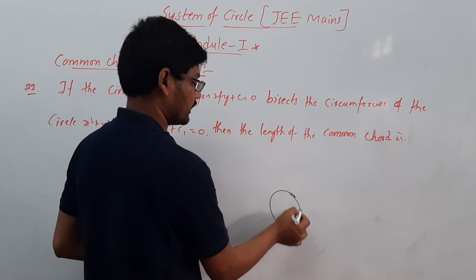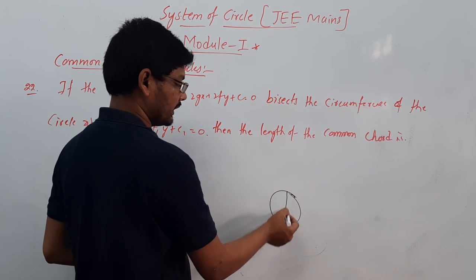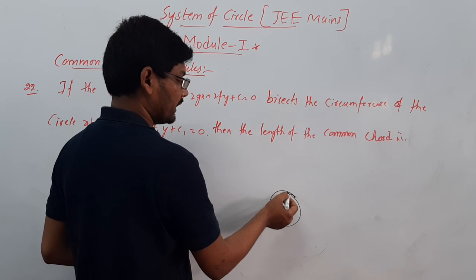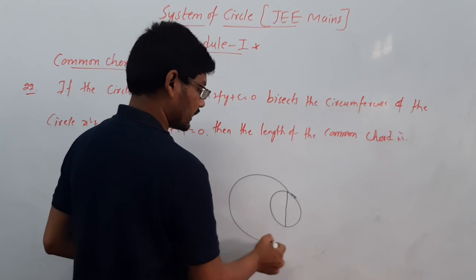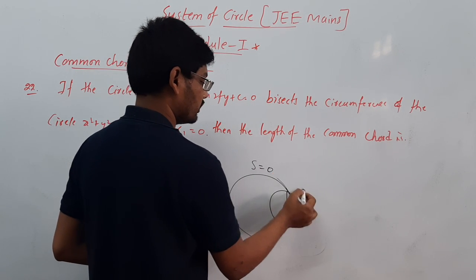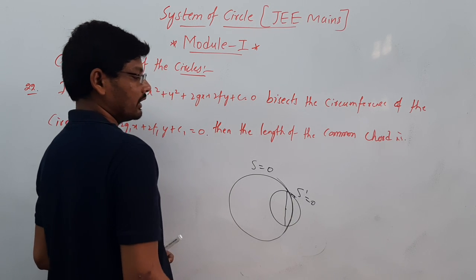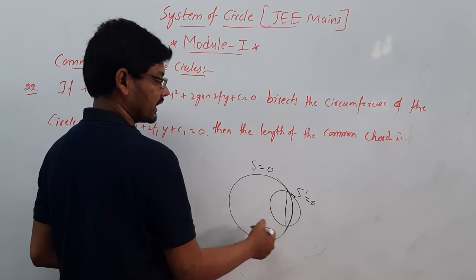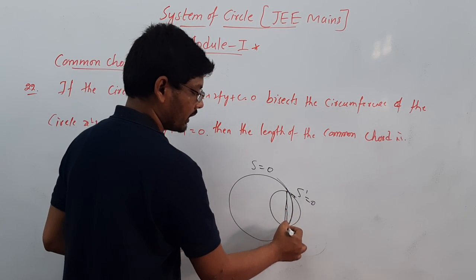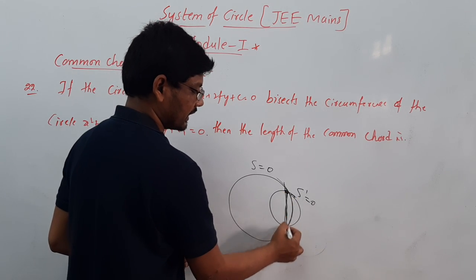I am taking this circle. So if one more circle is bisecting the two circles, then it will become like this. This is S is equal to 0, this is S dash is equal to 0. Here, for the length of the common chord, two circles are intersecting. This is a common chord for both the circles. This is the length of the common chord.